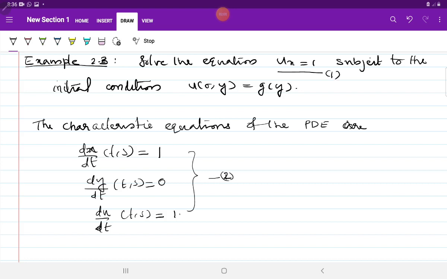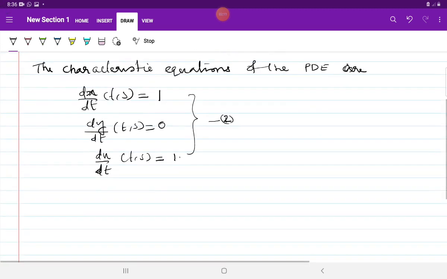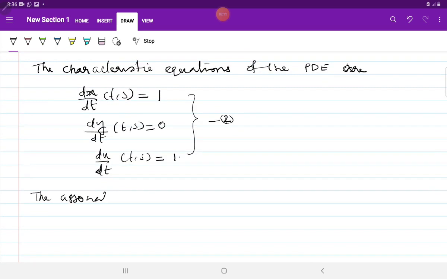Now the initial condition is given as u(0, y) equal to g(y). The associated initial condition is u(0, y) equal to g(y).